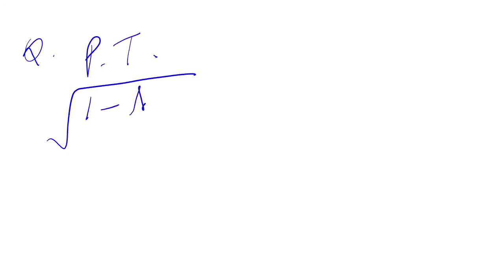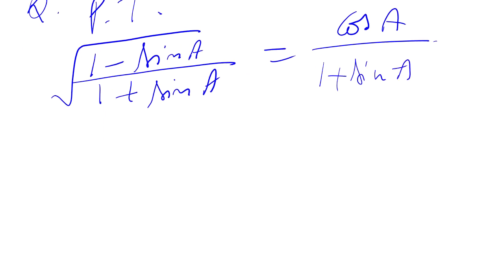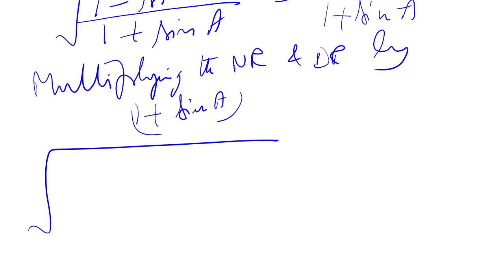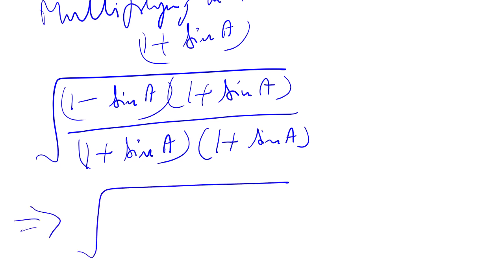The next question I am doing, prove that root of 1 minus sin A upon 1 plus sin A is equal to cos A upon 1 plus sin A. So multiplying the numerator and denominator by 1 plus sin A, you will get 1 minus sin A into 1 plus sin A upon 1 plus sin A into 1 plus sin A. This is of the form a minus b into a plus b, so it will become a square minus b square.